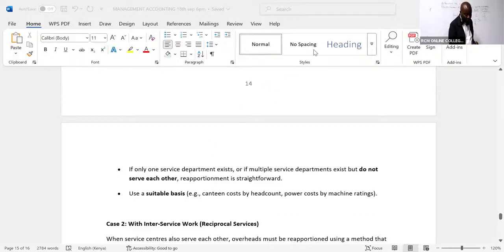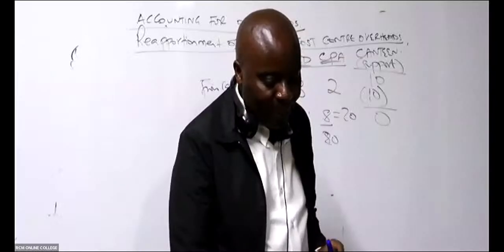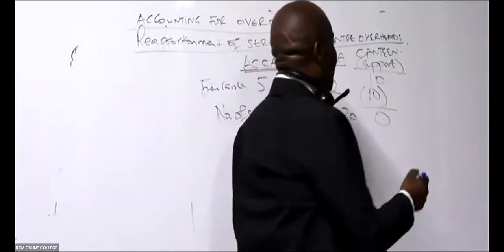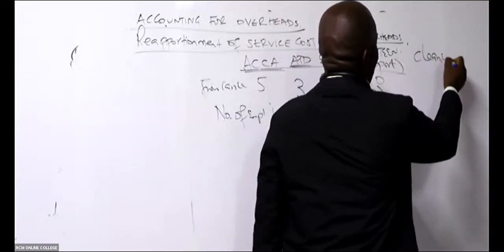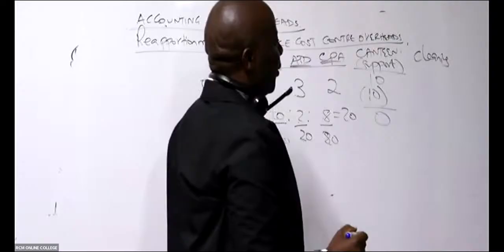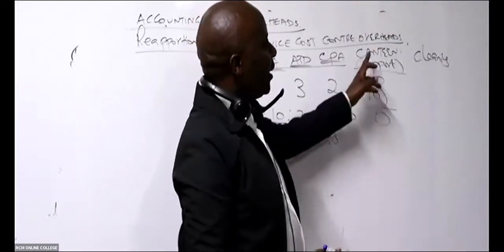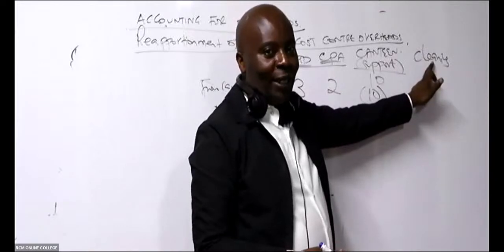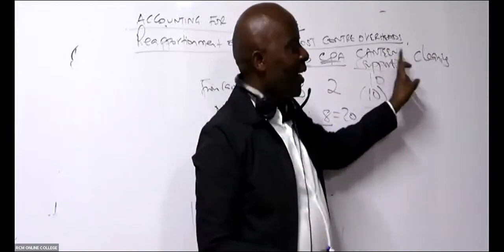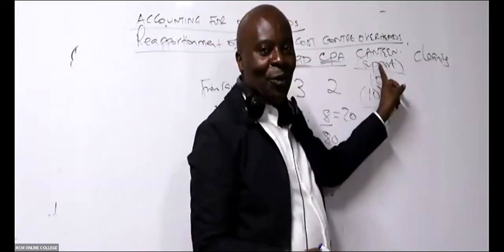Please listen, my good students. For example, as RCM, we could be having another department here called cleaning, a service department, like the canteen. Employees working in the cleaning department may also want a cup of tea, isn't it? And the cleaning department will be coming to the canteen to clean.